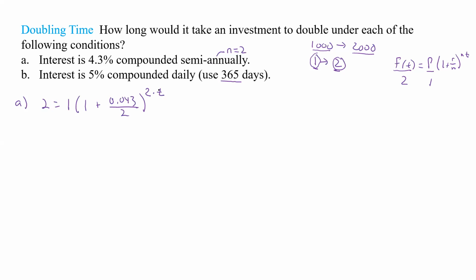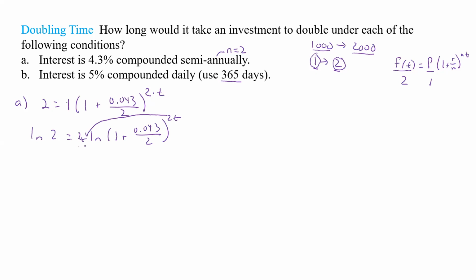So what do we do? We remember from a long time ago that to get rid of the exponent, we take the ln of both sides, and then we can bring it down in front. We could divide both sides by 1, but dividing by 1 changes nothing, so we can think of it as gone. Taking the ln of both sides, we have the ln of 1 plus 0.043 over 2, and the 2t comes down in front.